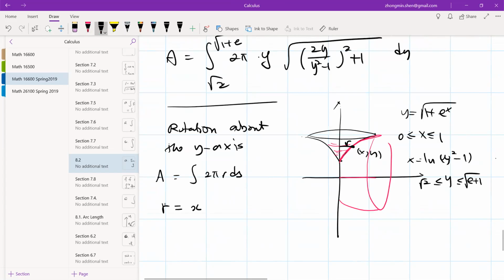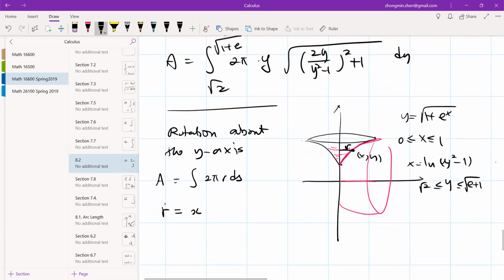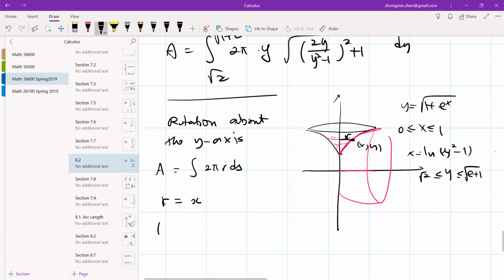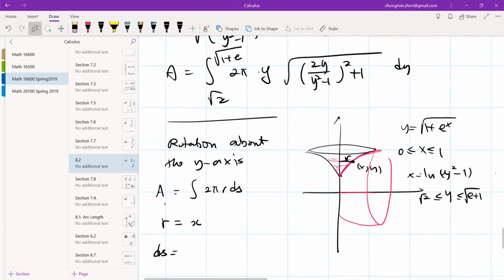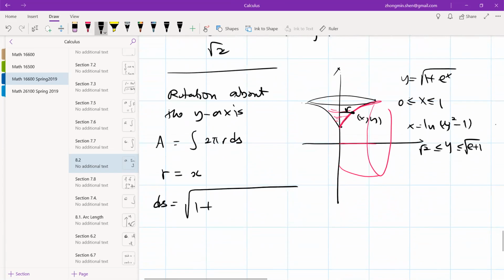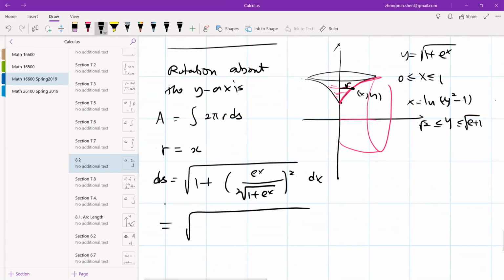But I think the ds is still the same ds, honestly. The only difference is, let me copy what we got here. ds is going to be the square root of 1 plus e to the x, squared, or the other one is going to be 2y over y squared minus 1, squared plus 1, dy.